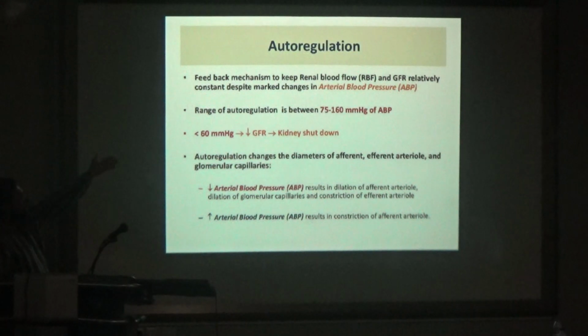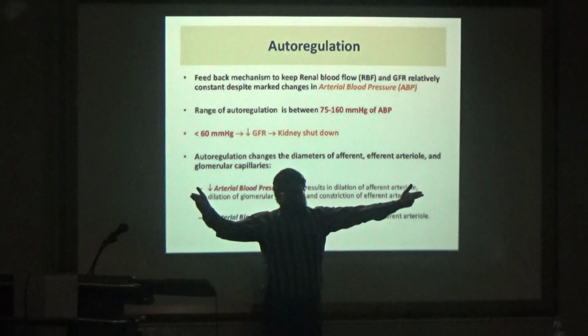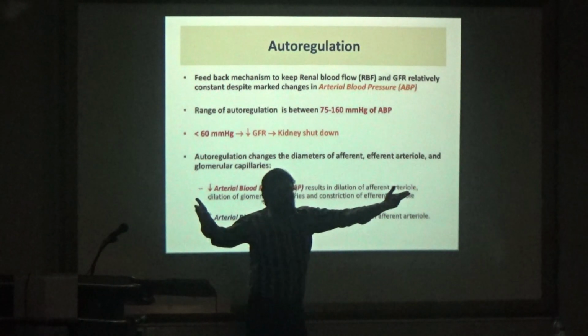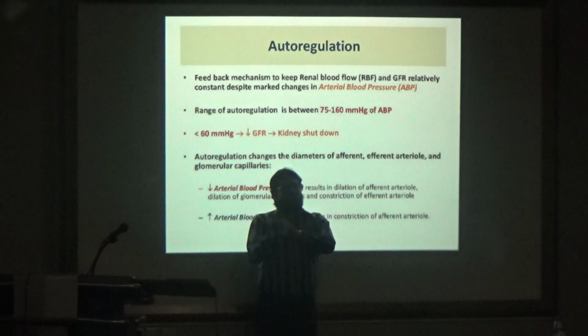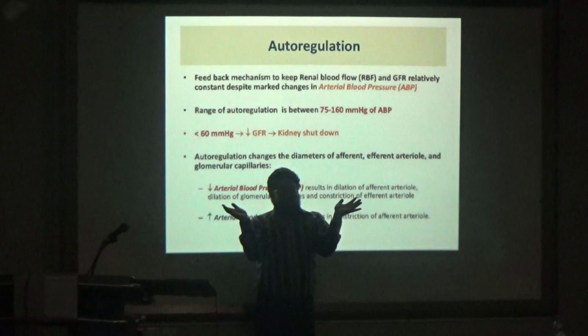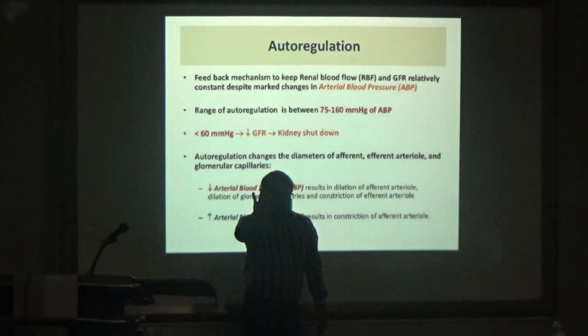no matter the arterial blood pressure is changing from 75 to 160, a wide range. Still, if the mean arterial blood pressure is 80, the GFR is 125 ml per minute.